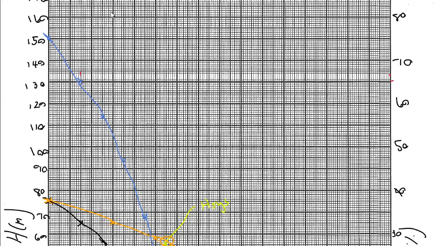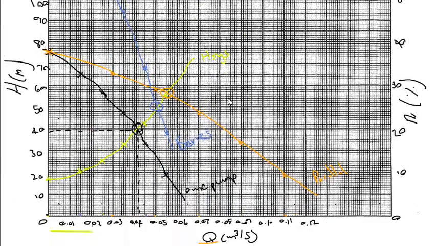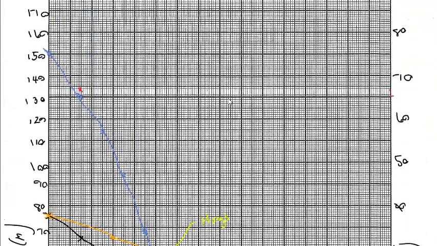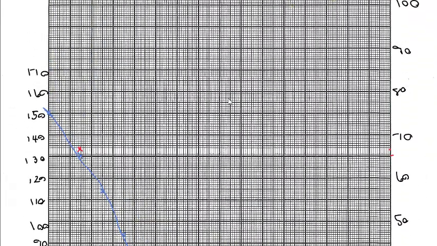Let's remove our ruler so we can see that the efficiency is this one here. It's going to be 66, more or less there. Okay, and remember our first one that we should have had would have been the 0. Remember the first plot is 0, so the efficiency at a discharge of 0 is 0. So that's actually our first plot. And our second plot would be the 66% one.